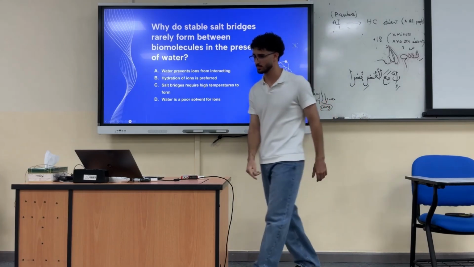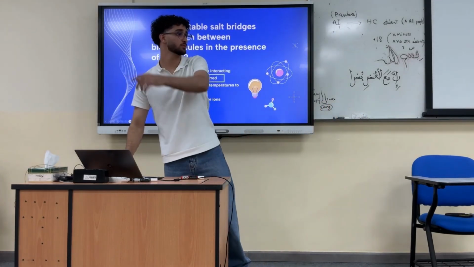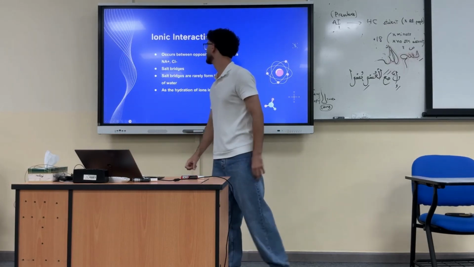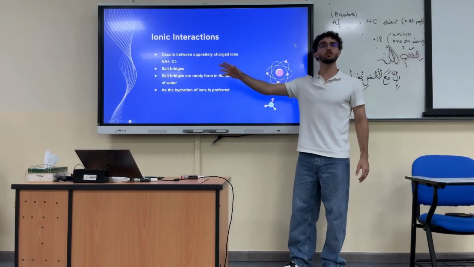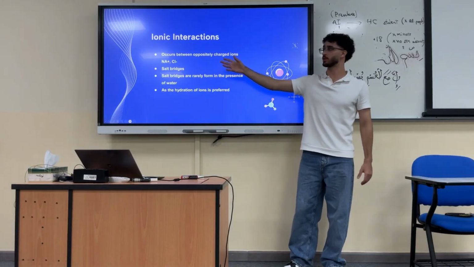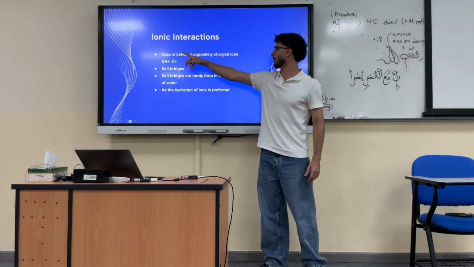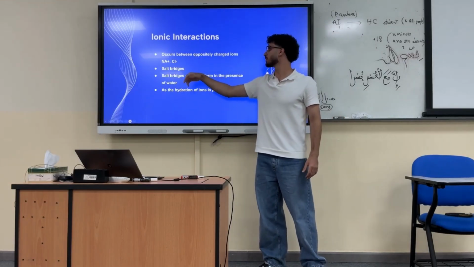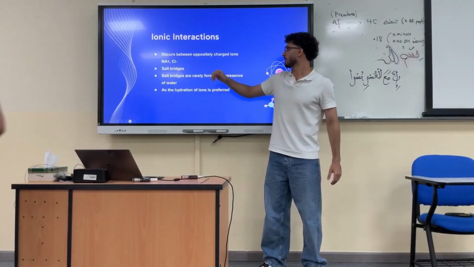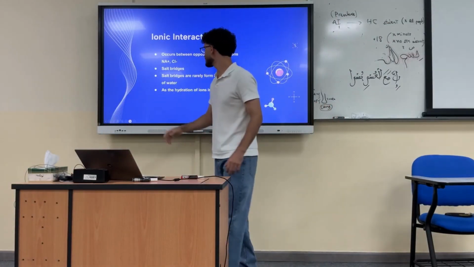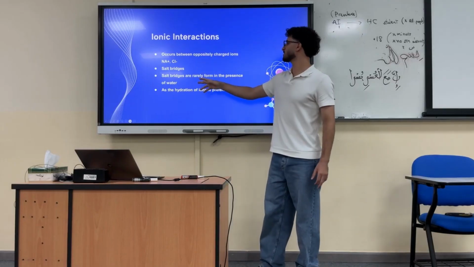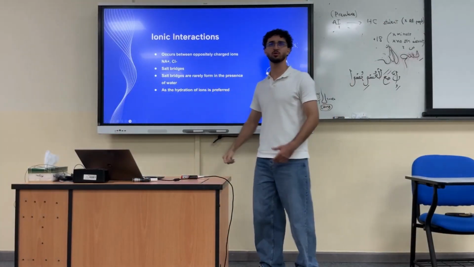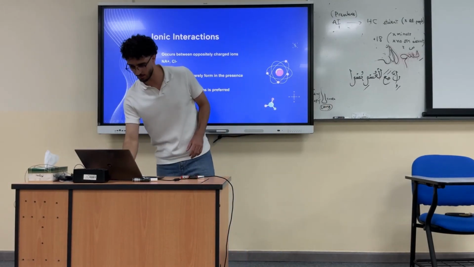B. Hydration. Right. Now salt bridges fall under ionic interaction. Okay? Ionic interactions occur between oppositely charged ions. Sodium positive, chloride negative. They also form salt bridges. Salt bridges are formed a lot in the presence of water. As we said, hydration is preferred.